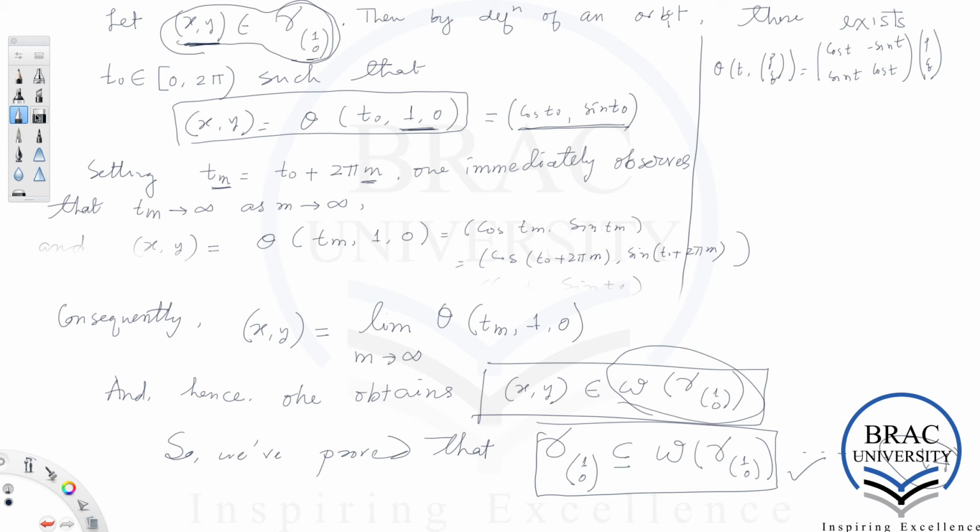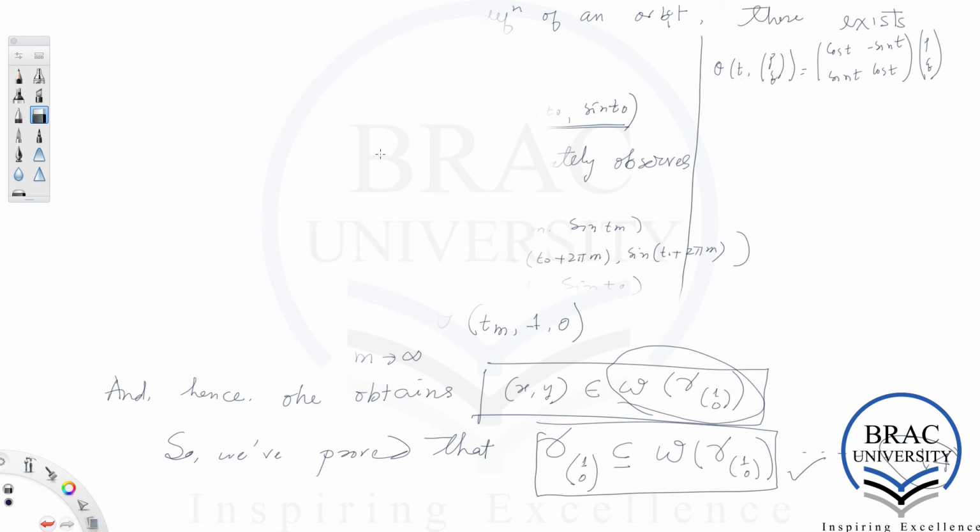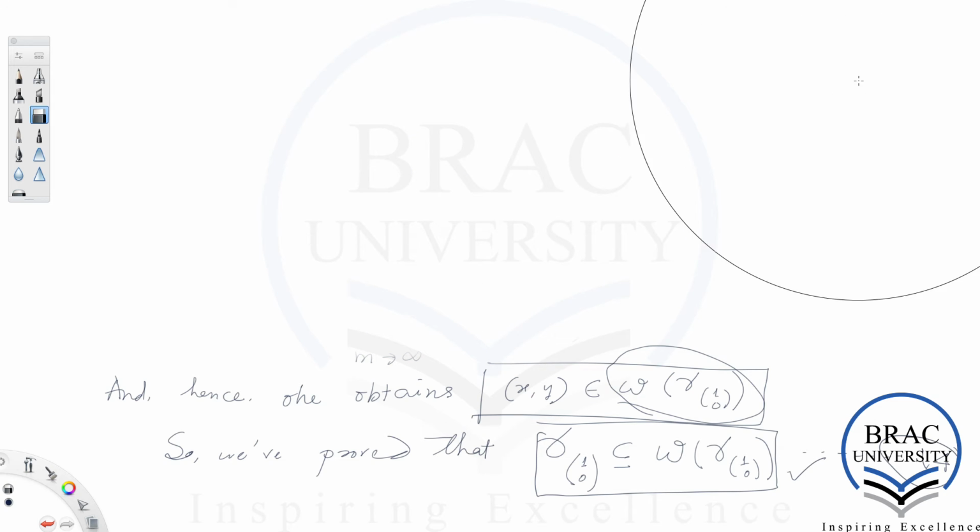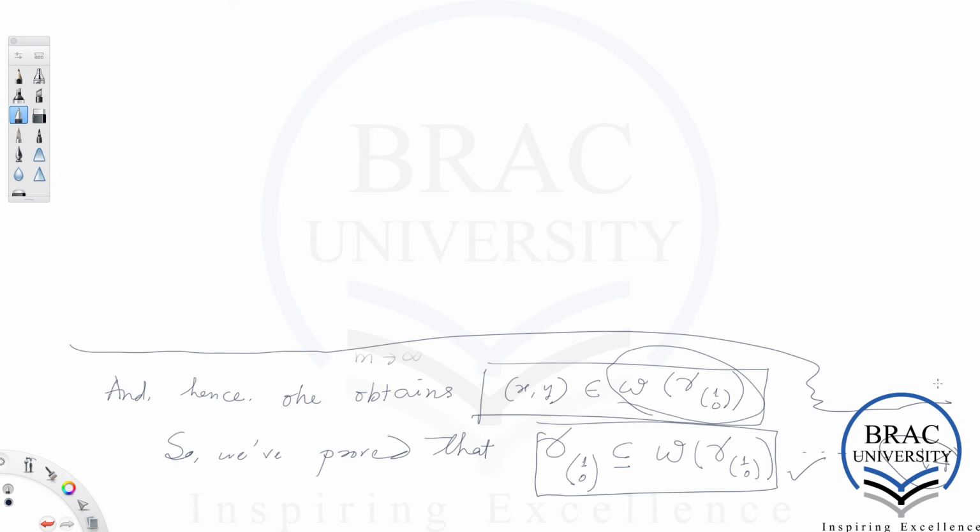Now I need some space here. I think this is good enough. Now let PQ be an element of the omega limit set of the orbit of the vector (1, 0).